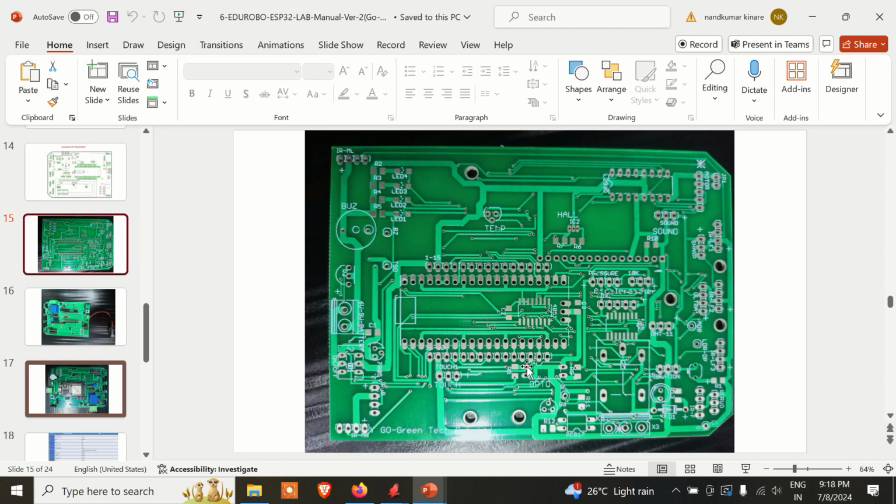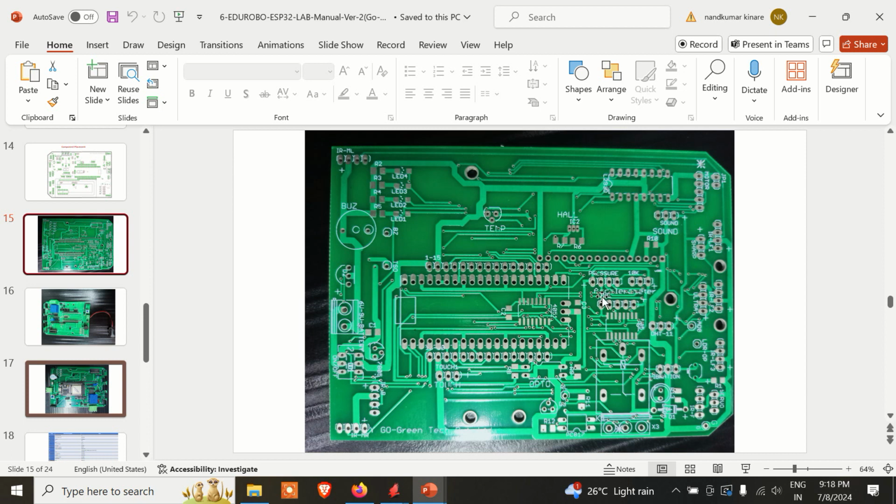So whenever you are given this PCB by the manufacturer, the first and foremost thing one should do is check the continuity. I know it's difficult to check all the tracks.